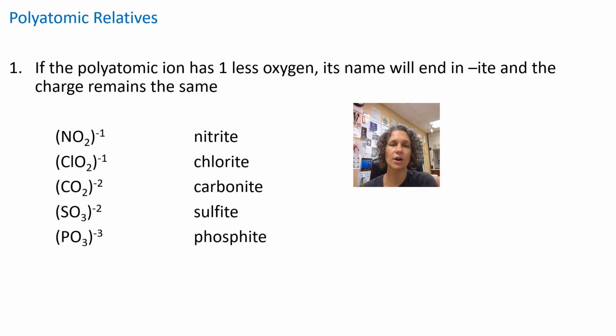So if you have one less oxygen than the original, for example, that first one, nitrite, is a relative of nitrate, which is NO3, still a -1. But when you lose that one oxygen, you change the ending. The ending becomes -ite. And so that's the first set of relatives. We'll do some examples here in a minute, just in case you're wondering about that.